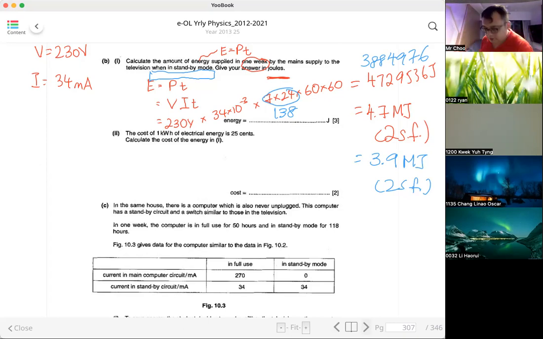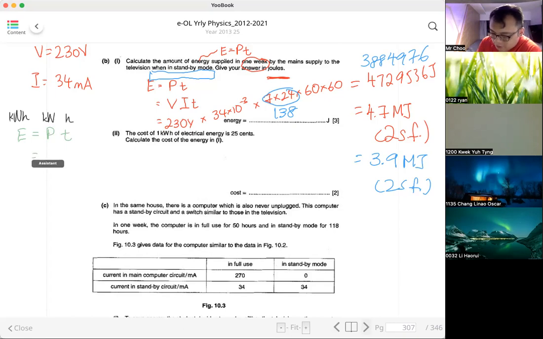Okay, let me explain this question first. We all know that energy is power times time. By now you should know that if you want it in kilowatt hour, your power must be in kilowatt and your time must be in hour. Is that clear?